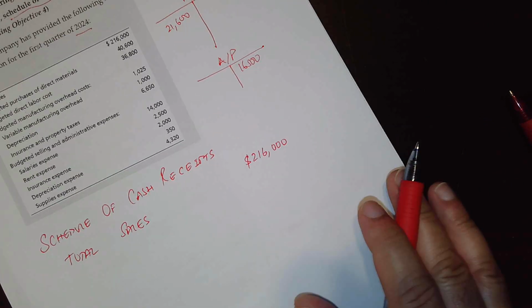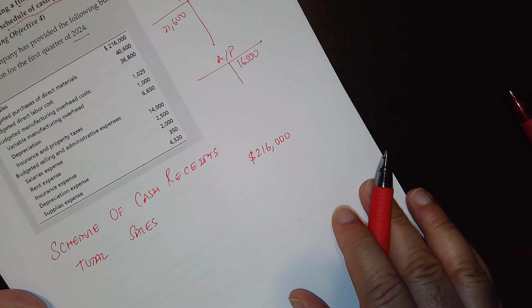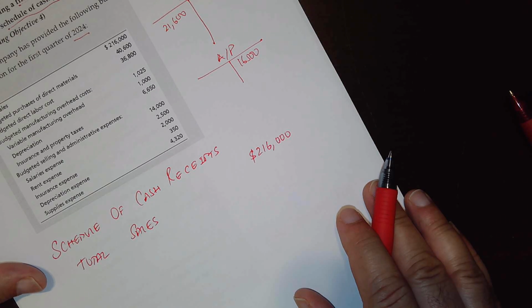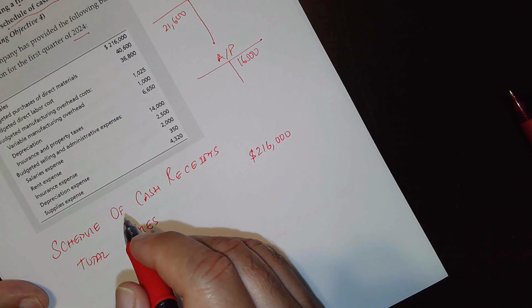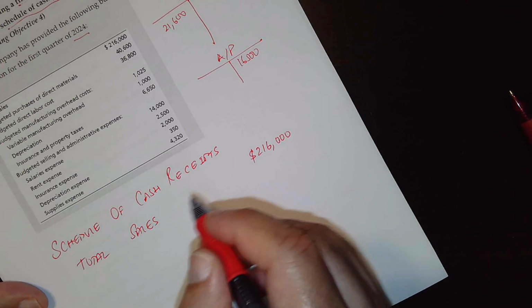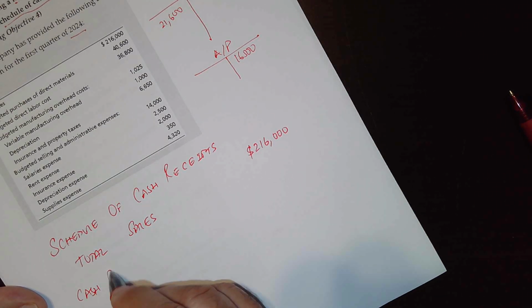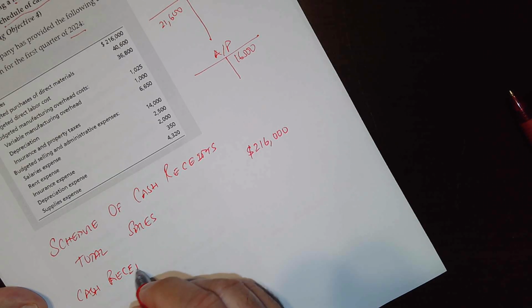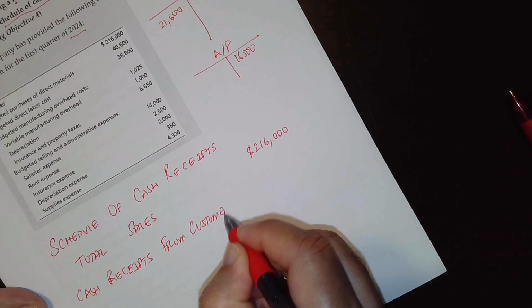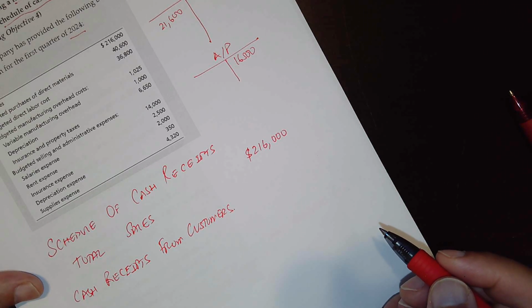So total sales is $216,000. Now, cash receipts from customers: how much cash are we going to receive?